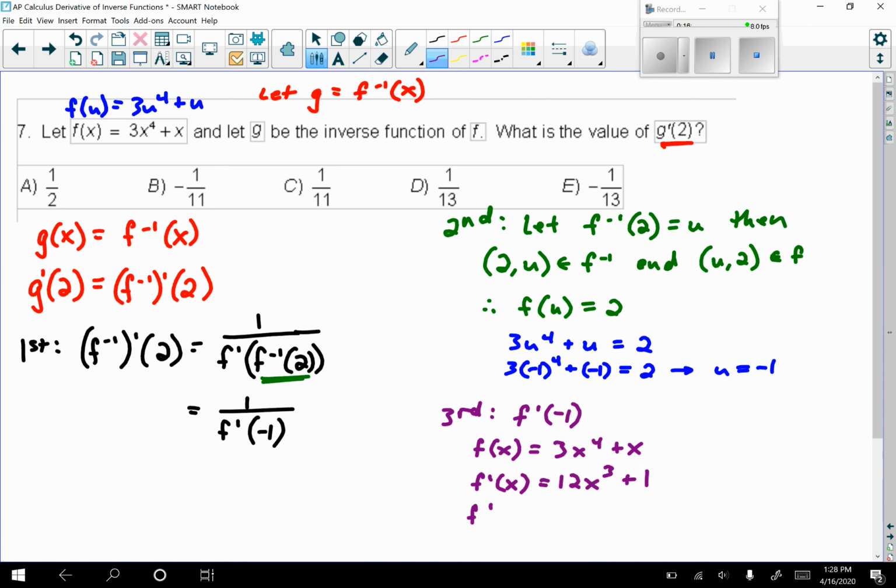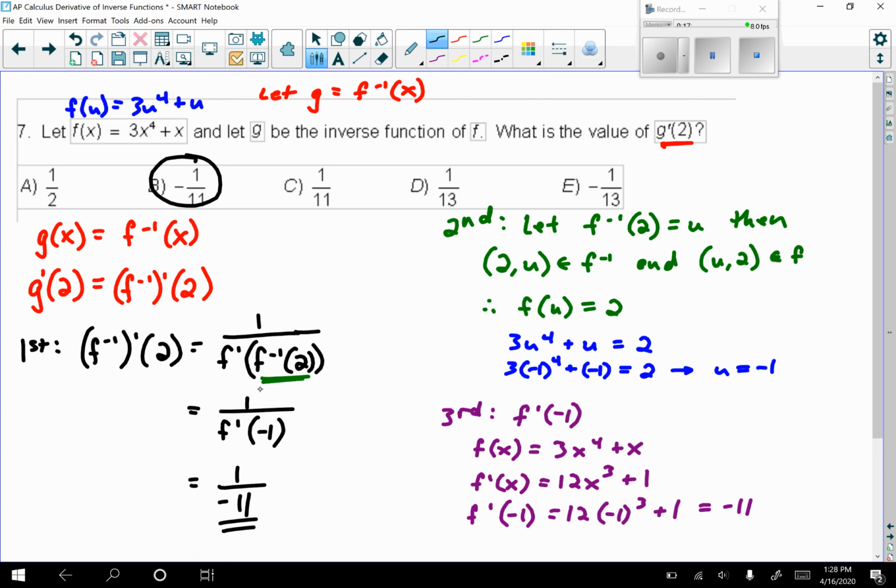And then f prime of negative 1 is equal to 12 times negative 1 cubed, which will give us a negative 12 plus 1, which is negative 11. So my final answer here becomes 1 over negative 11. So that's also B.